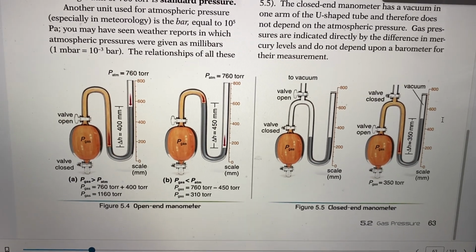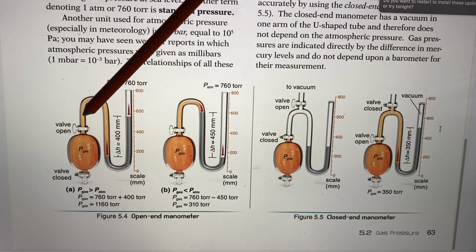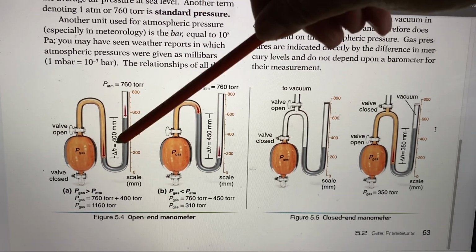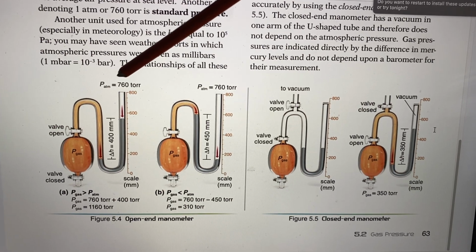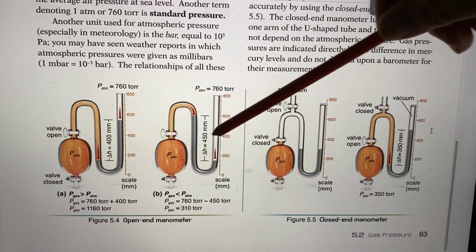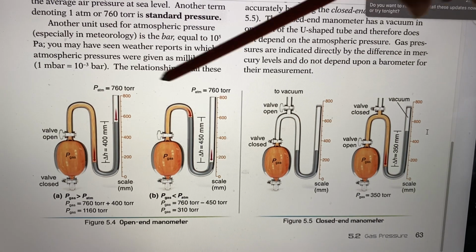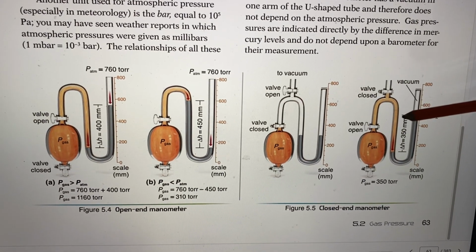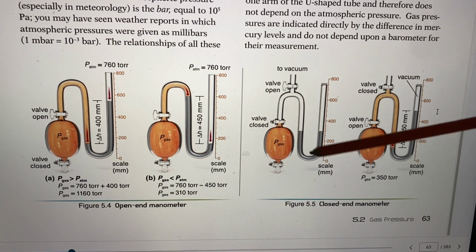Basically, if you look at this side and this side here, we have the valve closed. This one here requires way more calculations. On a closed end manometer, you just take the reading.